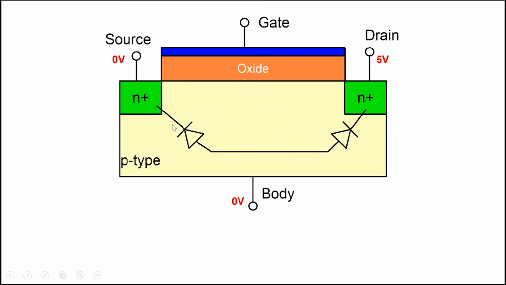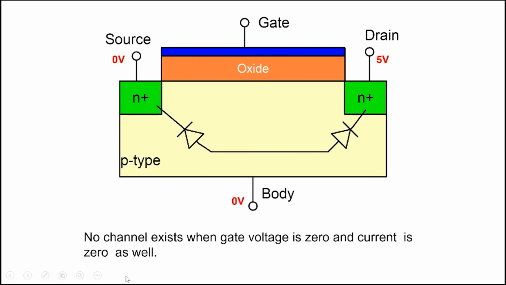But we see two diodes connected back to back. So when we apply 5 volt here, this particular diode will get reverse biased, and therefore no current would flow because there's no conducting path from the drain to the source here. And no matter what you apply, at least one of these diodes will be reverse biased, and therefore the current will not flow here. So 0 current.